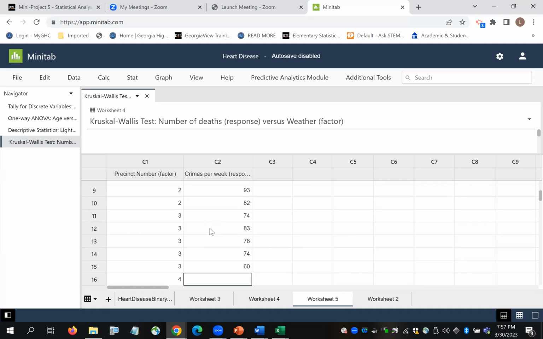Then I go to precinct 4. So it's like matching them up, but you're putting them all in a single column. You have one column for your precinct number or your factor, and one column for your response. And you only have to do that for Kruskal-Wallis.